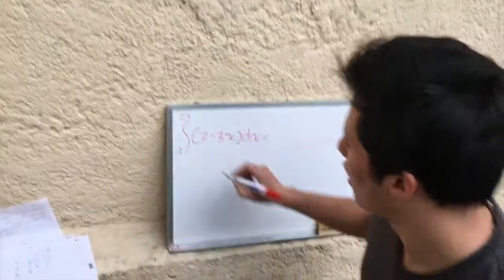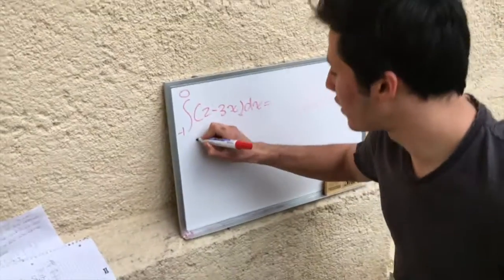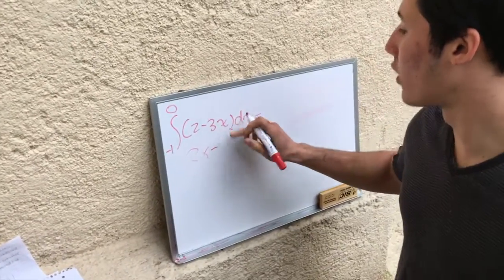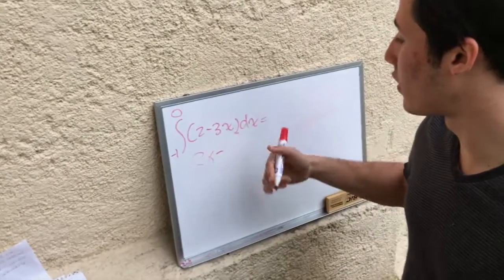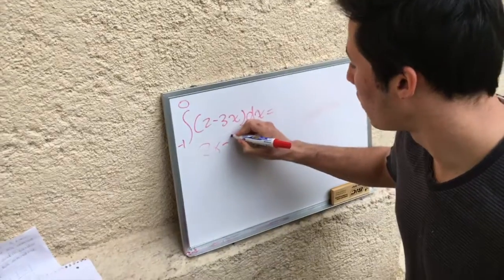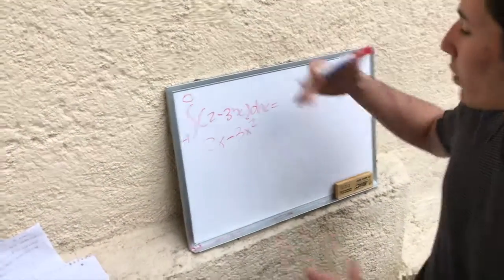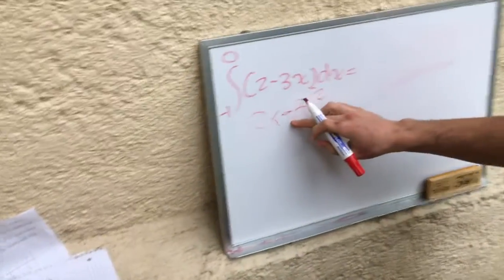Okay, this is question number 21, and to solve this, we have to integrate. First, the 2 in here, we're simply going to add an x. Then in here, we're going to add 1 to the exponent, which will become a 3x squared. And the number that is in the exponent, we have to divide by in the constant.